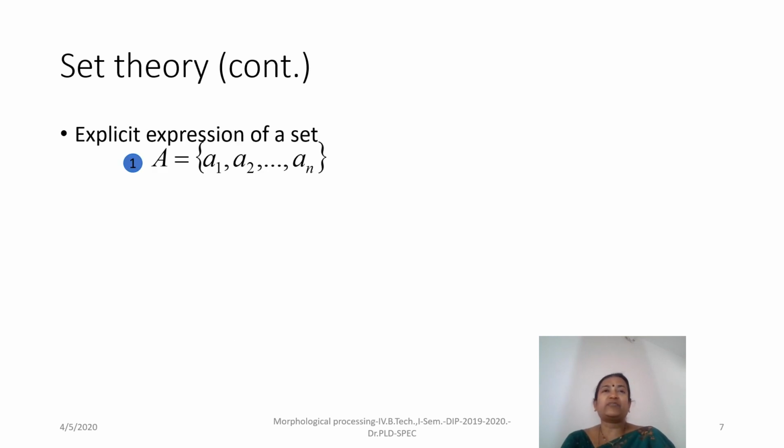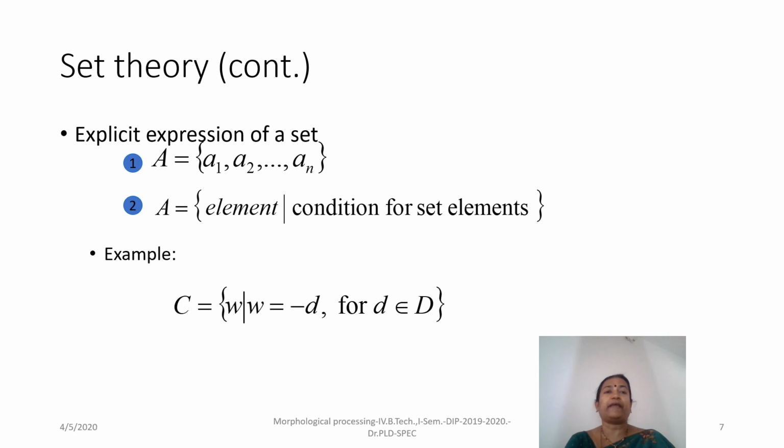Then, for the explicit expression of a set, capital A equals a1, a2 and so on up to an, which are different pixels in the set of the original image A. As a mathematical equation, A equals the elements which satisfy a condition for the set elements.